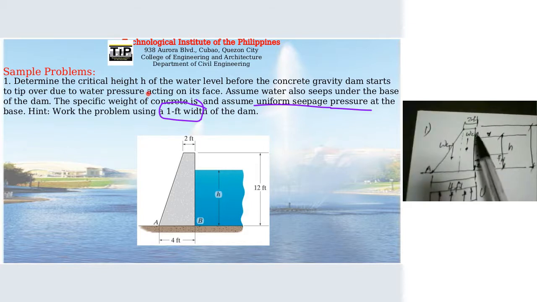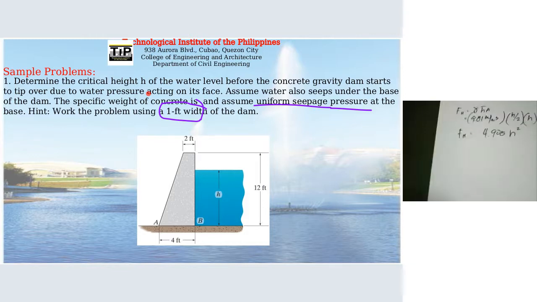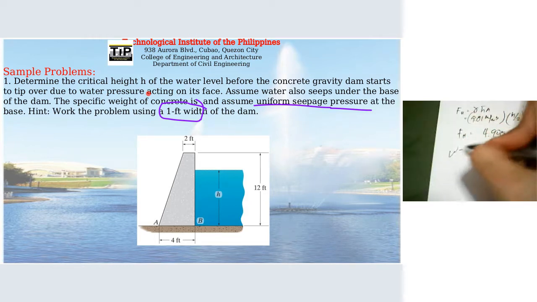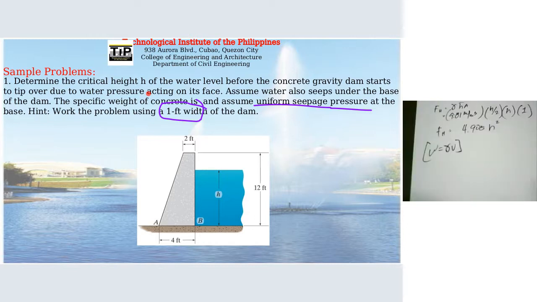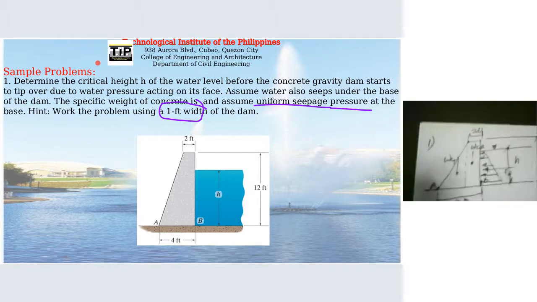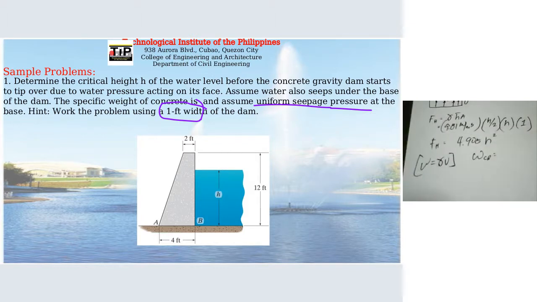Now we can go to the other forces. Let's go to the weights. So let's solve for the weights. W sub C sub R and W sub C sub T. To solve for the weight, we multiply the unit weight by the volume. So what's the unit weight of concrete?